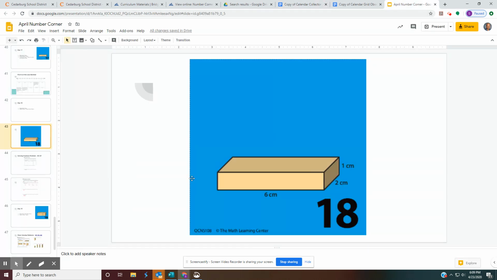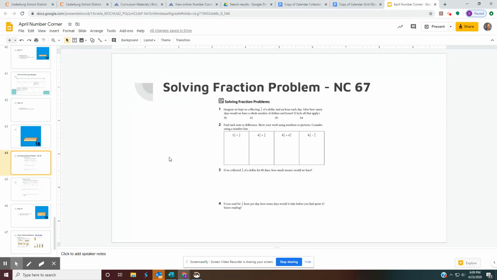All right, back to Number Corner, page 67. Okay, we're going to solve some fractions by adding some 3/4. So look at page 67. Look at numbers 1 through 4. Go ahead and solve those problems.